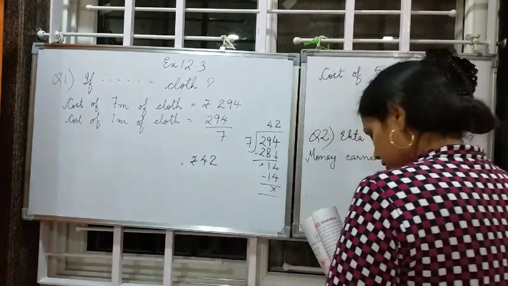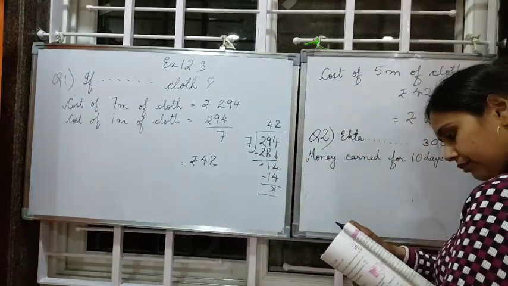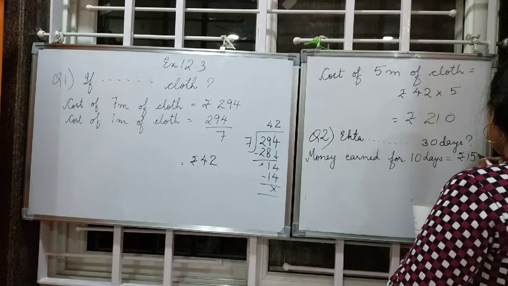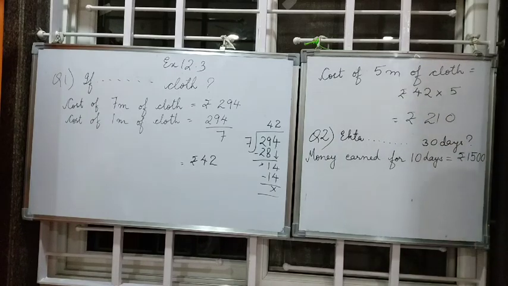Rupees 1,500 is the money earned for 10 days. Now, to find out for 30 days we should know for 1 day.